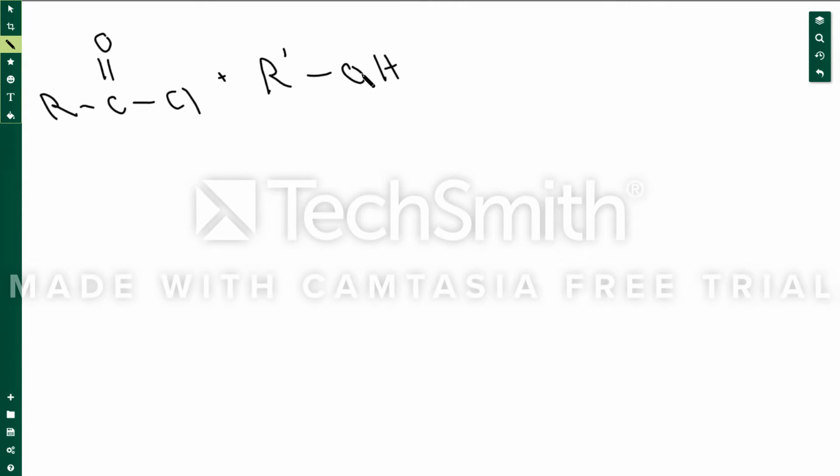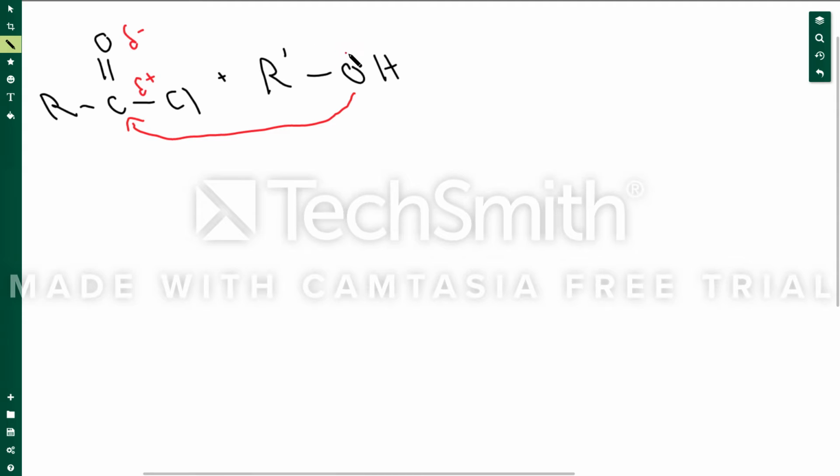This nucleophile will attach to carbon, so we'll have a partial positive, partial negative, and partial negative. So the nucleophile we would probably consider to be this, whereas the H would be this if we remember our neutral mechanisms for carboxylic reactions.